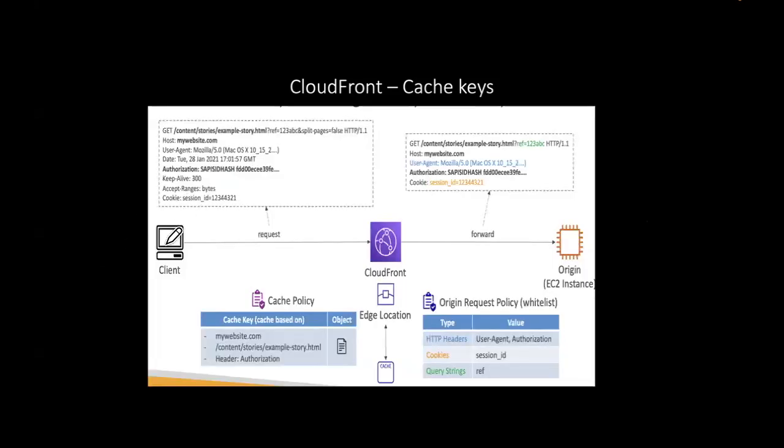So you've got a client here, and it sends an HTTP request, which initially will be dealt with by one of our CloudFront edge location servers. And supposing the request has some cookies, and it has some headers, and it has some query string options in it.